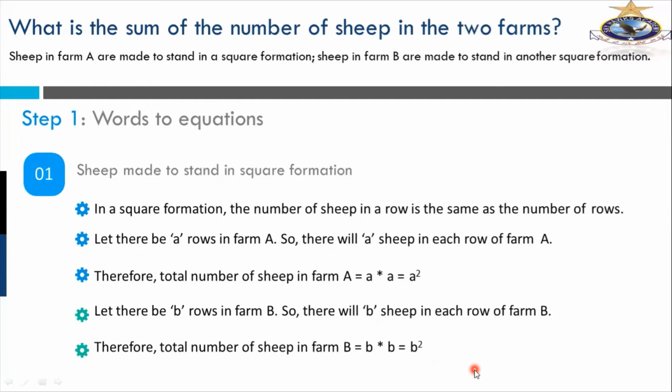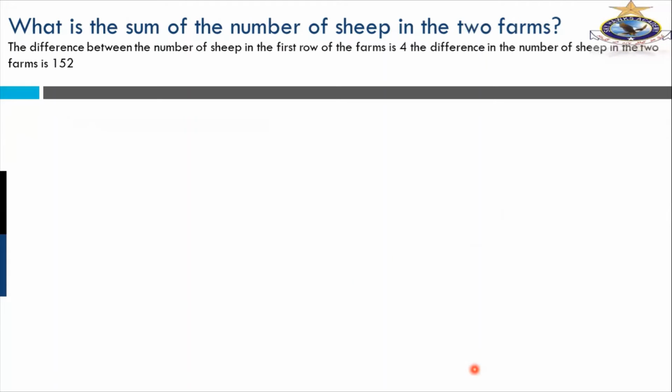But anyhow, let's see the next one. Once again, the problem is in front of us. We are looking for the total number of sheep in the two farms, and there is one more piece of extra information. The difference between the number of sheep in the first row of the farms is 4.